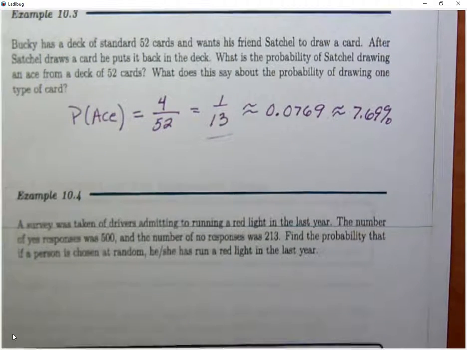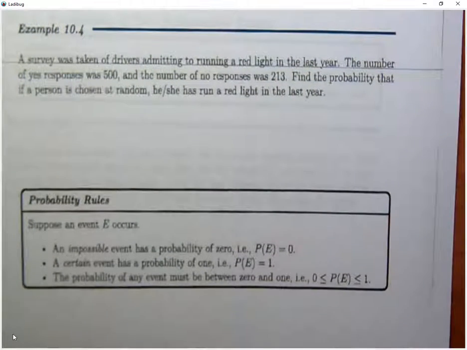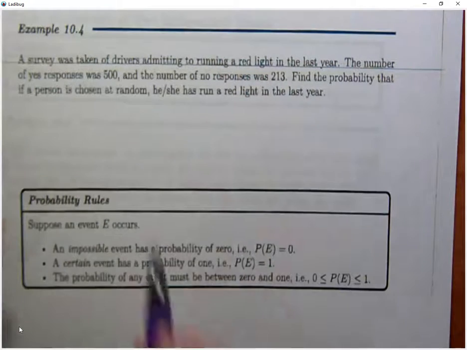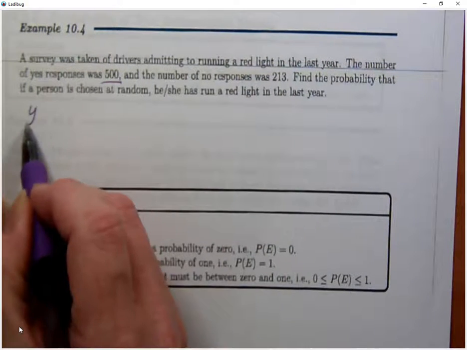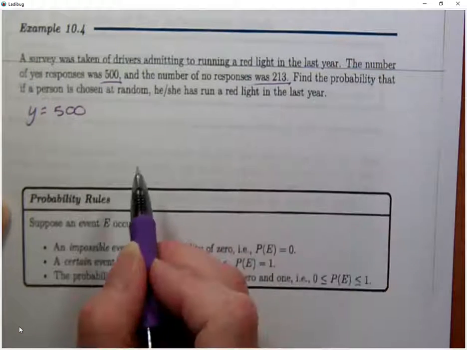So this one here, example 10.4, a survey was taken of drivers admitting to running a red light in the last year. The number of yes responses was 500. So we have 500 yeses. The number of no is 213.